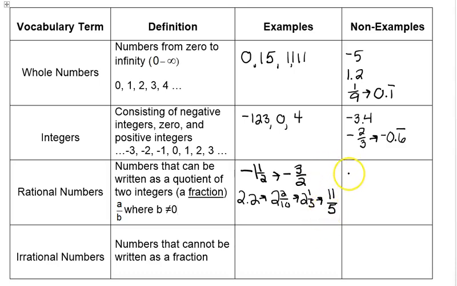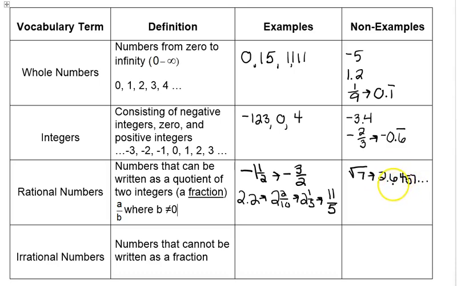A non-example would be the square root of 7. If you were to type in the square root of 7 on your calculator, it's going to change it to the decimal 2.6457, and we're going to put a ... because it will continue on and on and on. If you ever have a number that goes on forever, it cannot be written as a quotient of 2 integers.